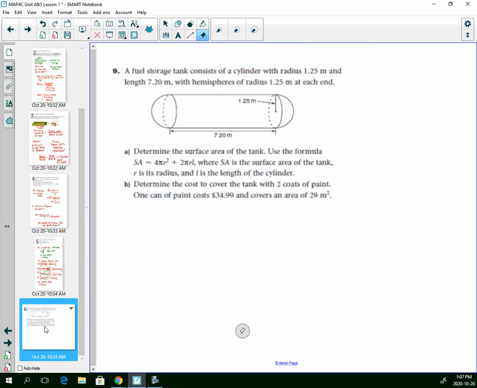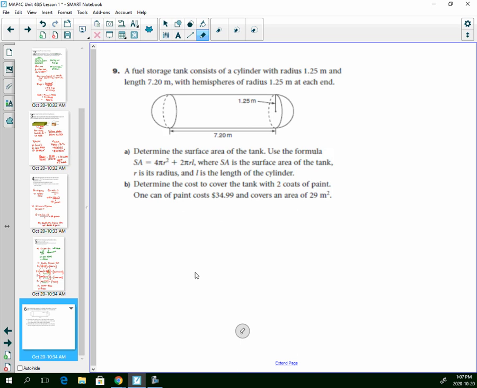Okay, I have one more question using formulas. So you can see that they generally give you the formula. So you have a tank, which is sort of a cylinder with half circles or half spheres on the end. And it wants you to determine the surface area using the formula.